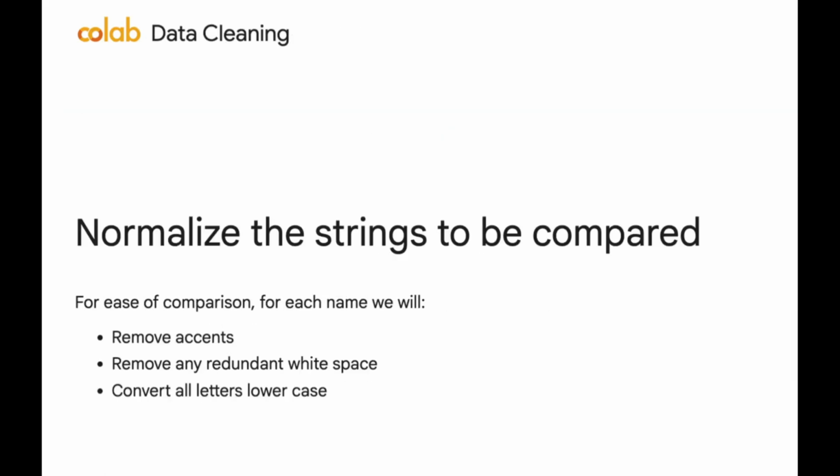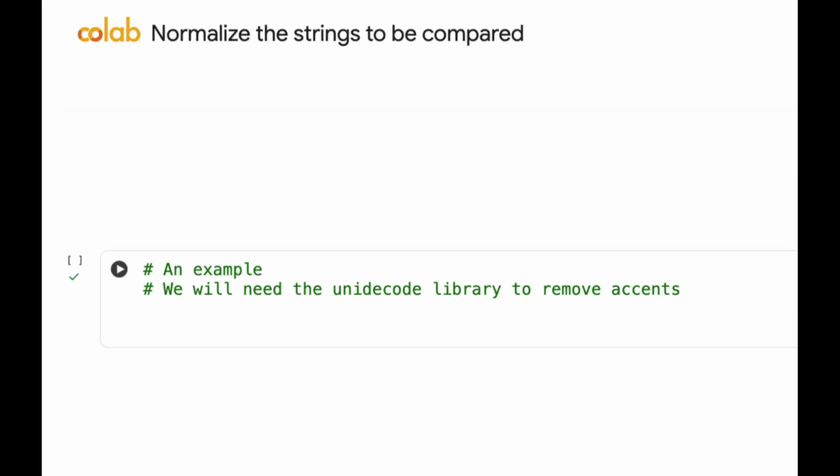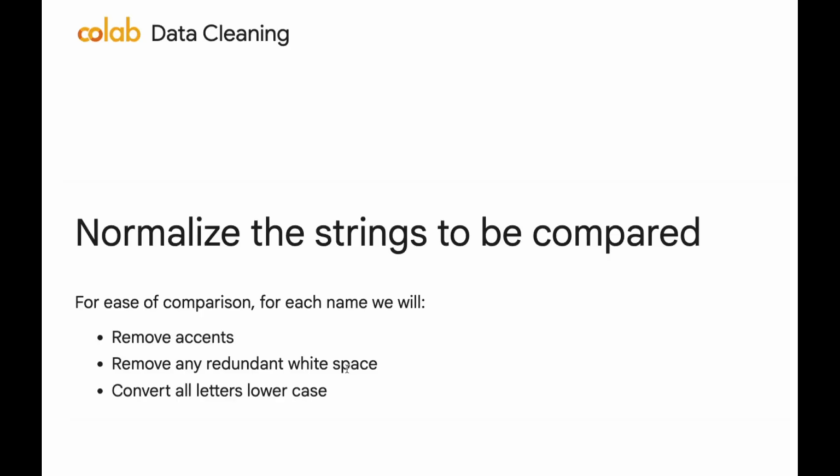Other than that, it's not in our data set, but possibly we may have some redundant white space, right? So let's say in some records we have two spaces between the first and last name. It's going to be treated as a different value, even though they're the same person, right? And then sometimes there may be problems created, like uppercase and lowercase appearing for the same letter in two different records.